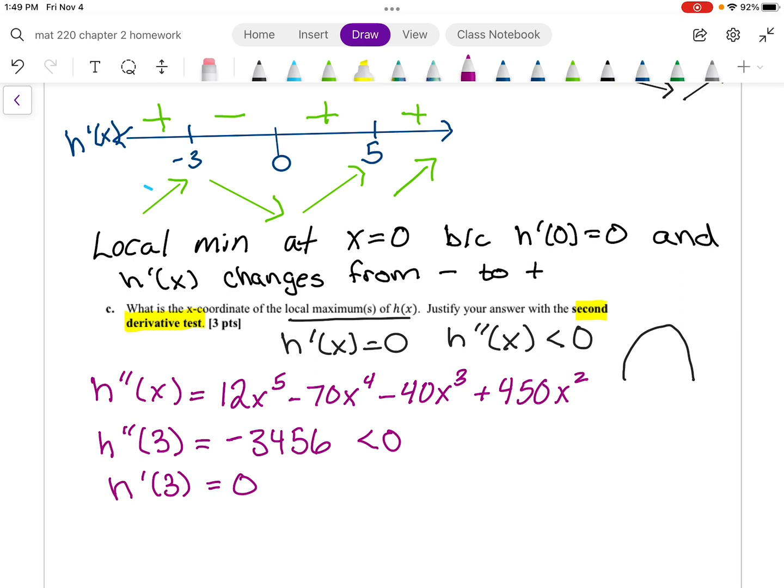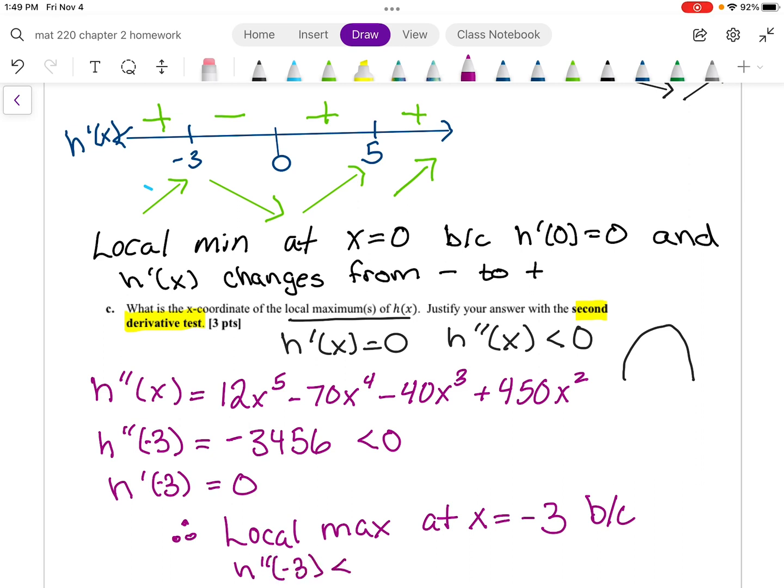My function is concave down. Therefore, there is a local max at x equals, oops, that should be -3. It helps if I put my sign at x equals -3, because h double prime of -3 is less than 0 and h prime of -3 equals 0.